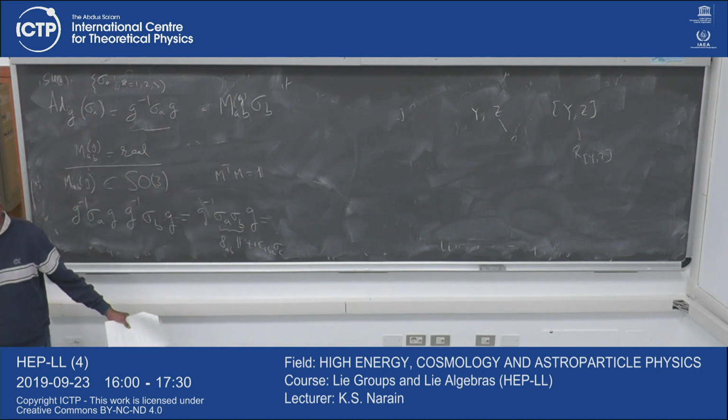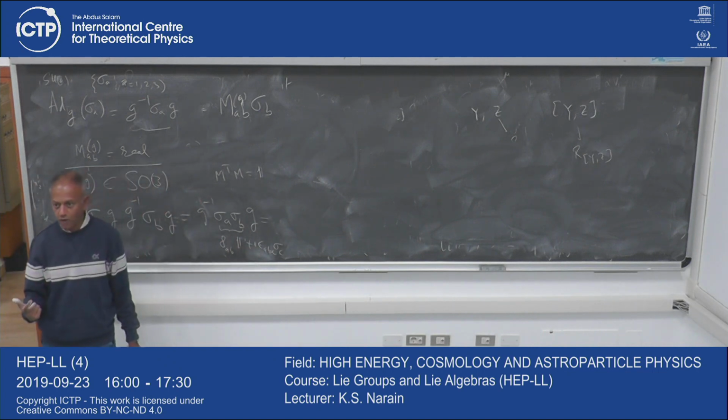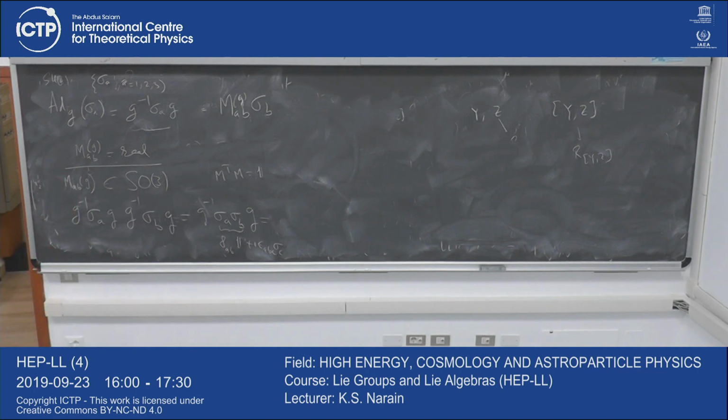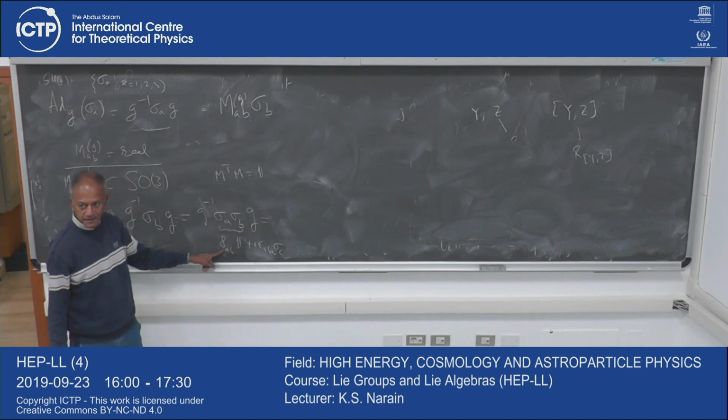That's the Pauli matrices satisfying this condition. So now you see I'm using the very explicit form of the Pauli matrices. No, it's not the commutator. I'm not taking the commutator. Otherwise delta AB will not be there. Just a product.